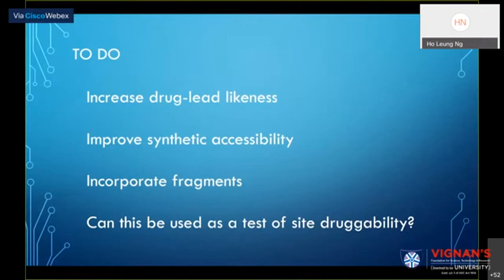Of course, like I said earlier, we want to make molecules that are more drug lead-like, meaning that they show more properties that are characteristic of drugs. We want to improve synthetic accessibility, because this is not just a computational exercise. We want to have molecules that can be put into a vial.